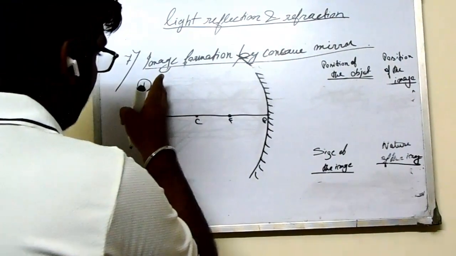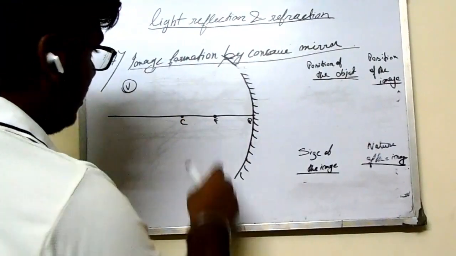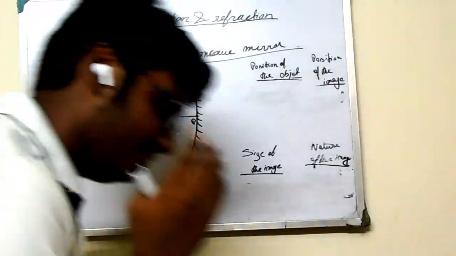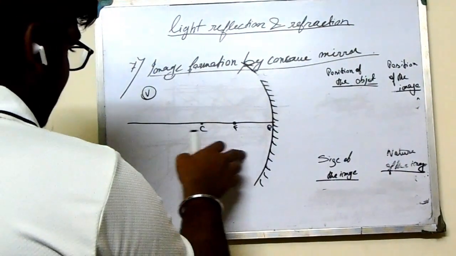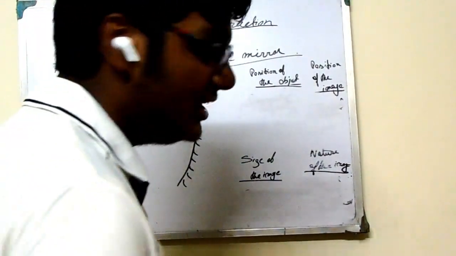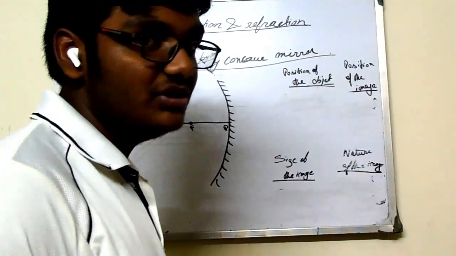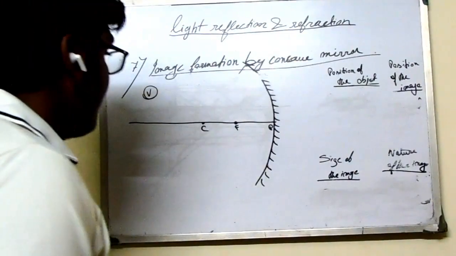As we have seen, as the object has come closer, the image distance is becoming larger, the image is becoming larger, so they are dependent on each other.